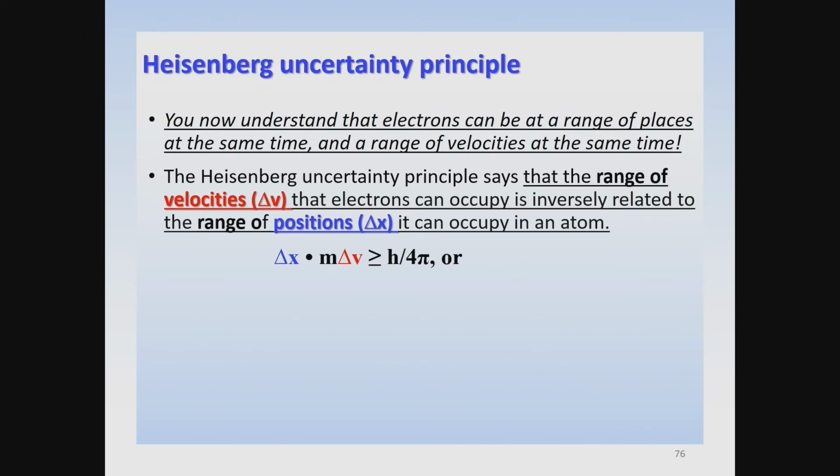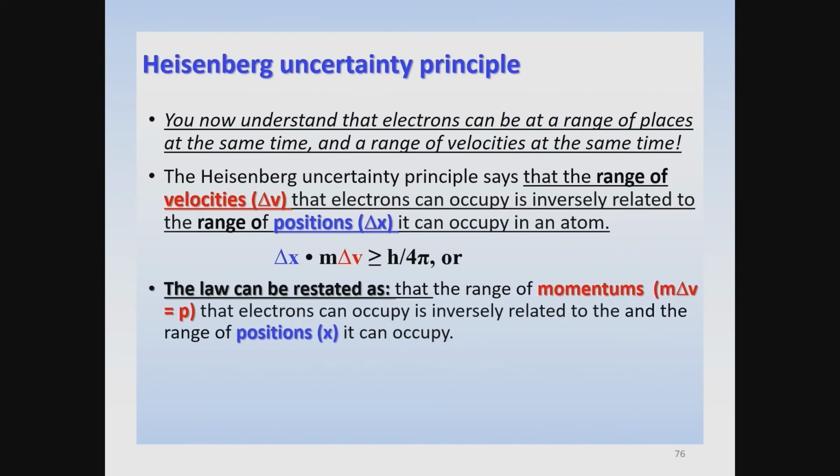If you were to do that, in order for that number to remain a constant, you would have to correspondingly decrease the range of velocities. So as the range of possible positions an electron or other small object can occupy increases, the range of velocities that electron must occupy decreases. So they're inversely related to one another. And again, the reason why that happens is just to make sure that the total range of velocities times the range of positions times mass is going to be above a certain constant.